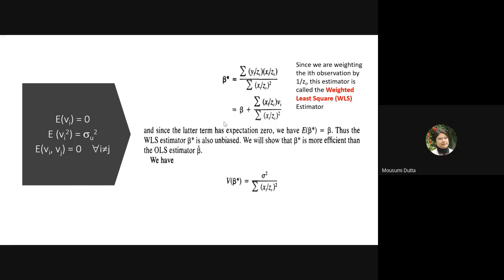Now we are applying the ordinary least square technique to the transformed model. So variance of beta star will be sigma square, since it is the classical model. You know, the transformed model is the classical model. Look at the assumptions.